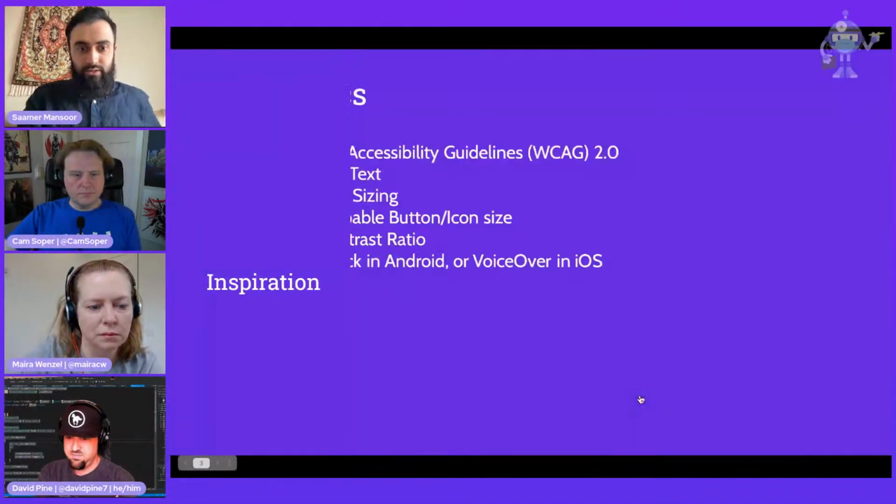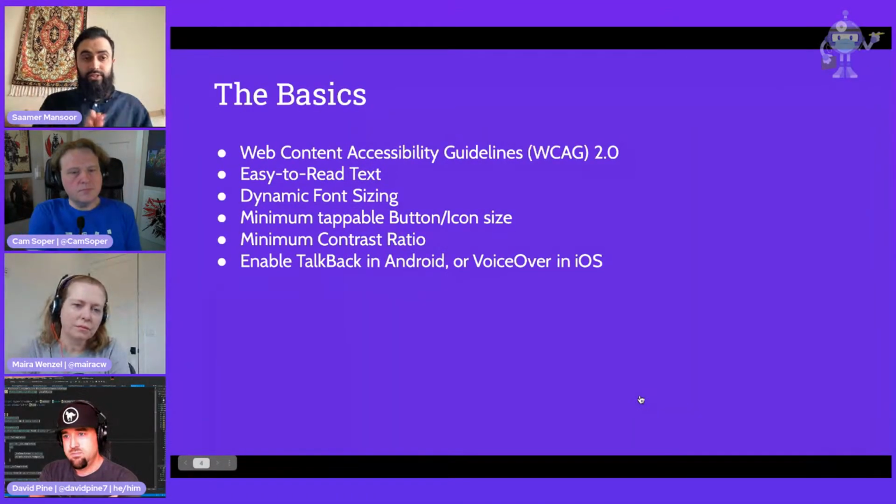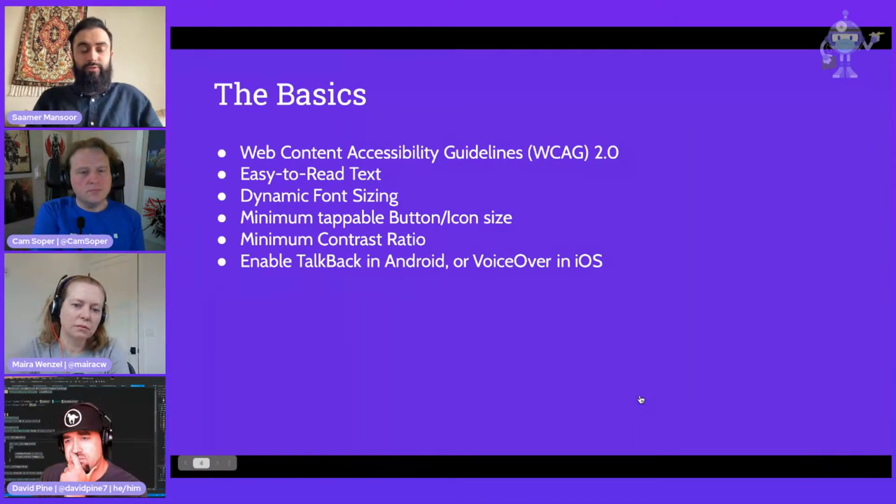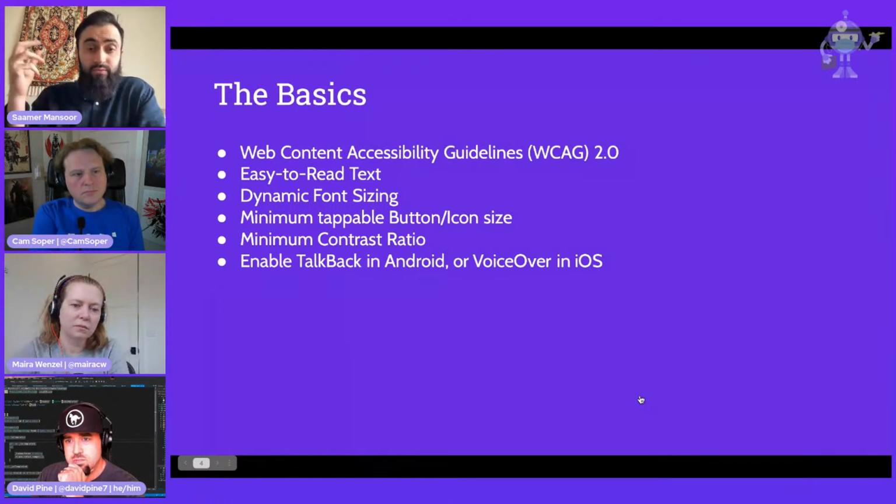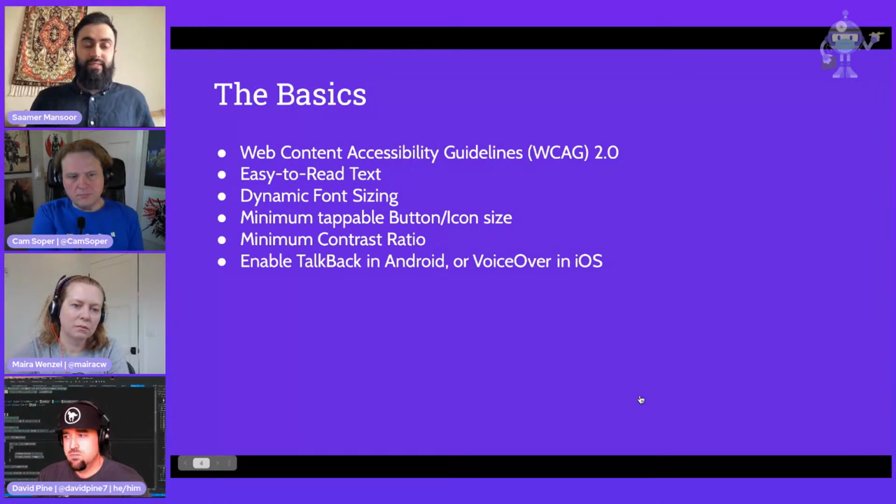All right. So just the basics of what we're going to go over. The accessibility guidelines that mobile follows right now is called the Web Content Accessibility Guidelines, or WCAG. A lot of web developers out there may know of this already because it's a requirement for web developers.